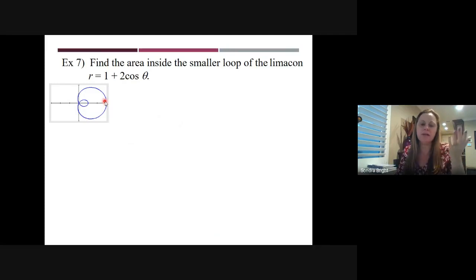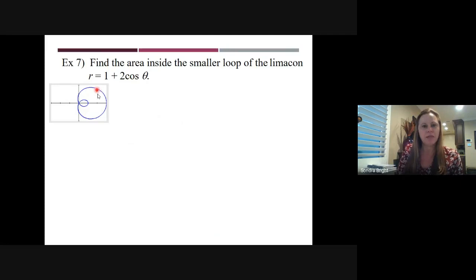And then you can plug in more. Like if you plugged in pi over 6, that would be root 3 over 2. How about pi over 3 would give you a 1/2. And so that would be a 1 plus 1. So right here, it corresponds to pi over 3. Keep in mind my window is kind of stretched horizontally to make it look not deformed, right?